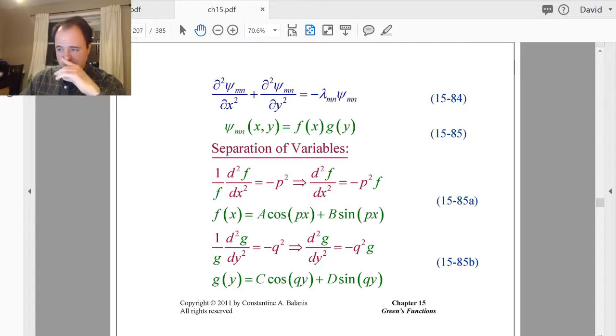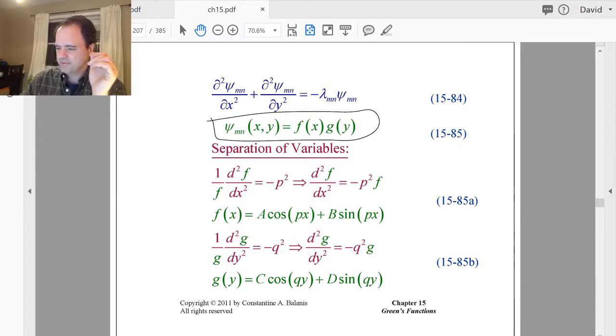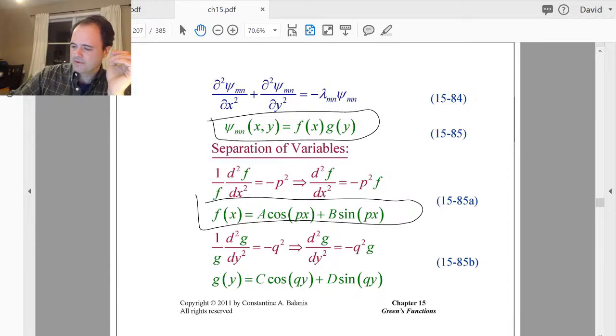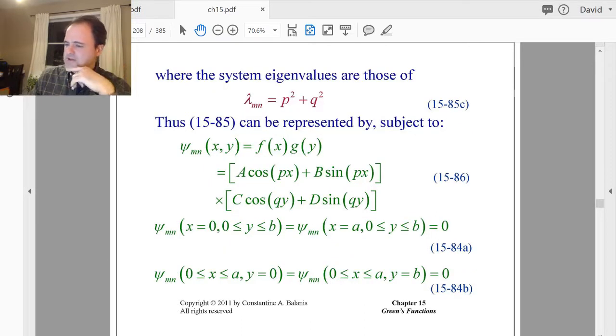We have to solve for psi. So we do that in the separation of variables method by doing a trial solution like this where we separate out the dependencies. And we get that f has to be equal to this and g has to be equal to this, but now we can apply the boundary conditions.